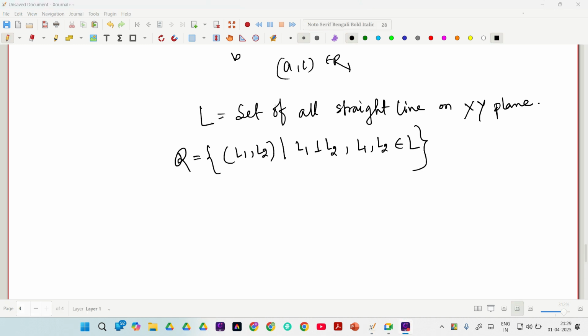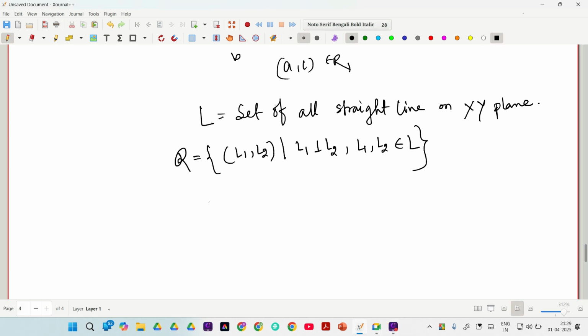Okay, now checking whether R is reflexive or not. In order to check whether R is reflexive, we have to show that L1 is perpendicular to L1 itself. Is this true? A straight line is perpendicular to itself. True or false?